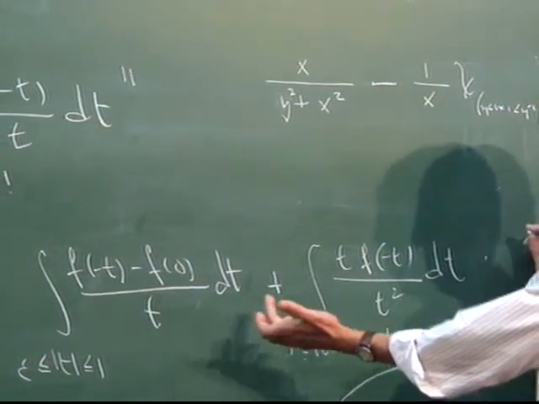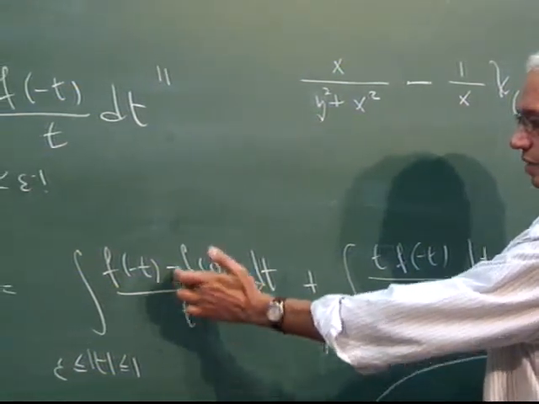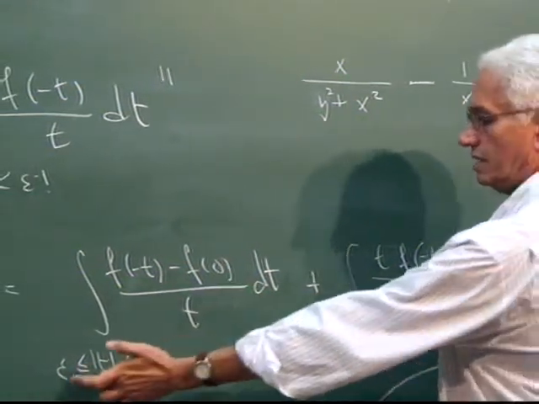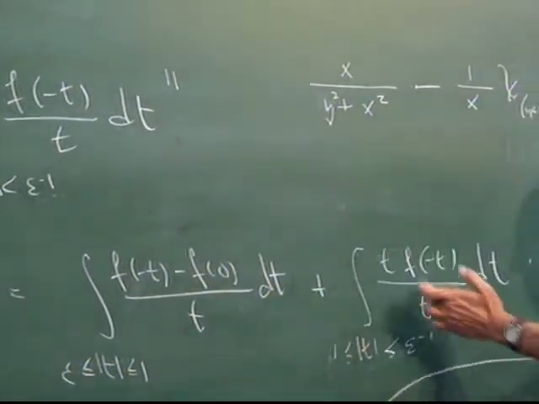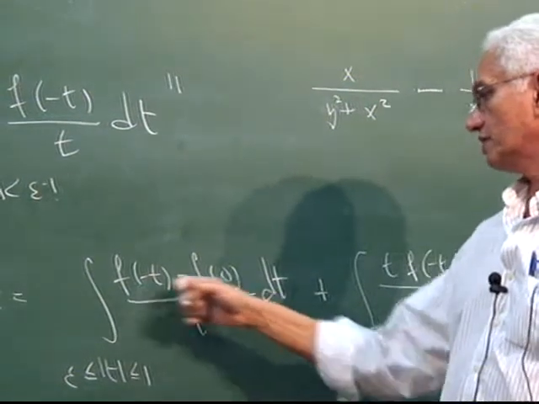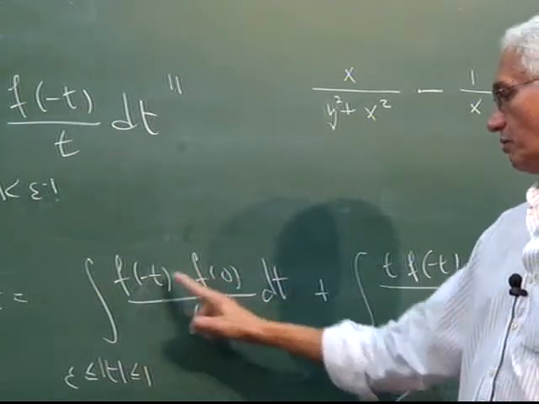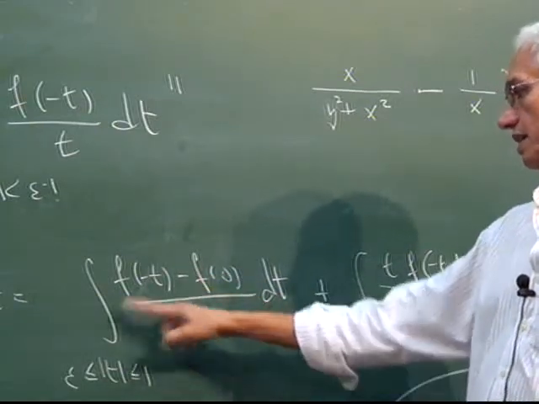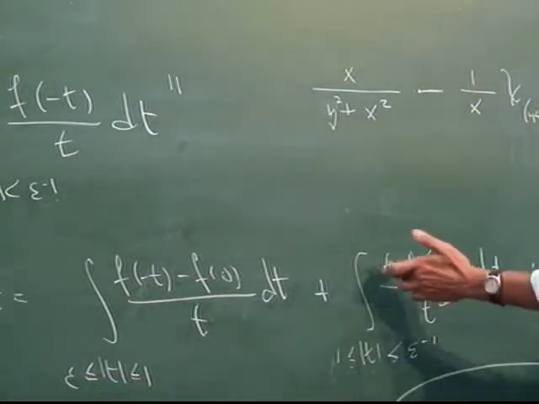You are using that this is a constant. The integral of 1 over t, since this is odd and this interval is symmetric, is 0. Here you are multiplying and dividing by t. You are not doing anything. Now, if your function is differentiable, this is bounded by a multiple of t, and then this integral makes sense when you take the limit, and this makes sense.